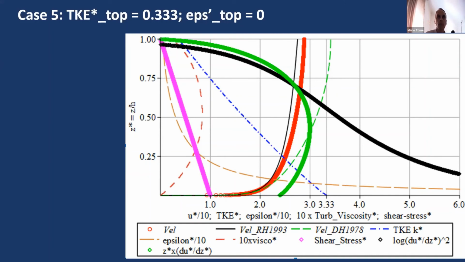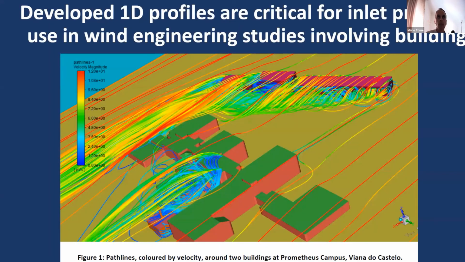So these profiles that we developed here for one dimension, for the vertical dimension of the atmosphere, are very important to apply to complex wind engineering studies involving buildings or mountains. In this case, mountain, the flow field around the mountain.